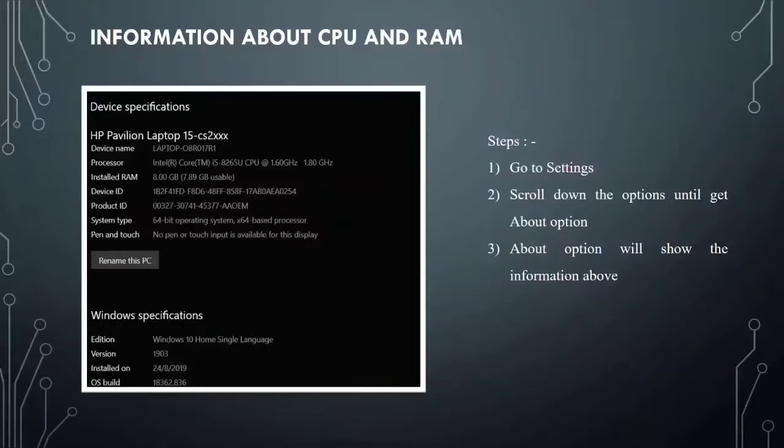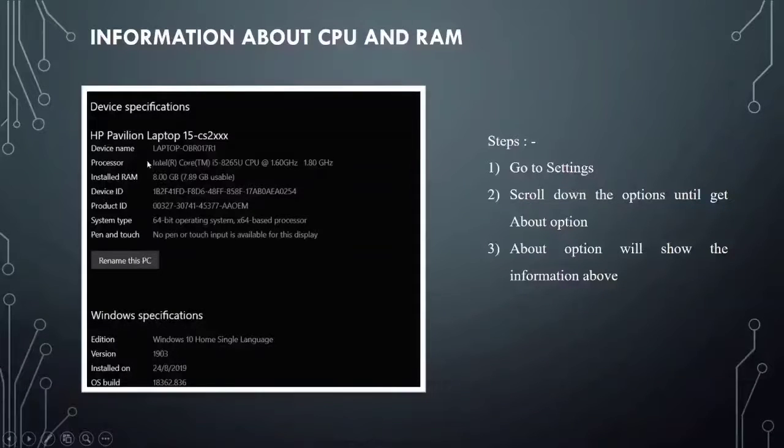Then information about CPU and RAM. When you go to the settings and scroll down until you get the About option, when you select the About option, you will get this.